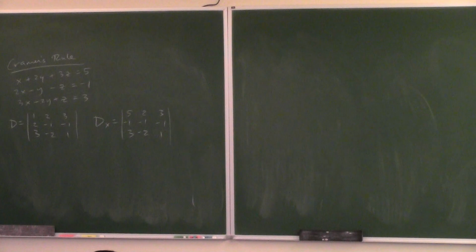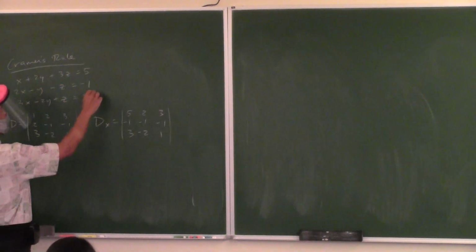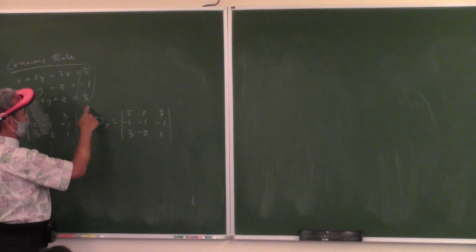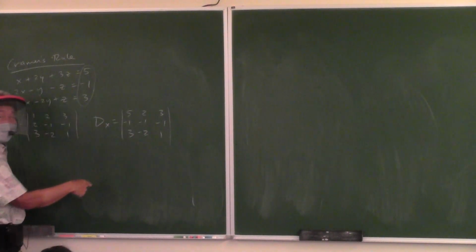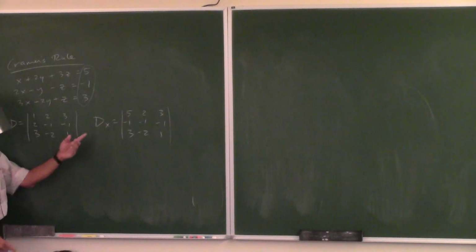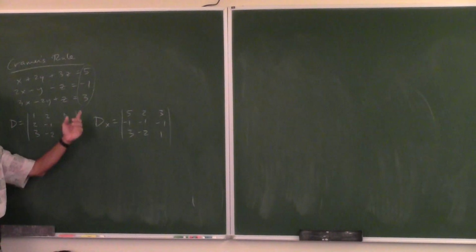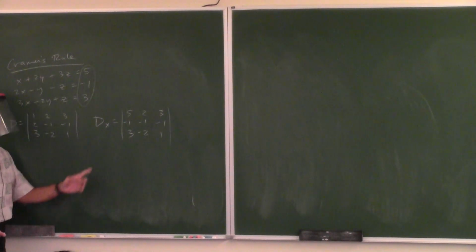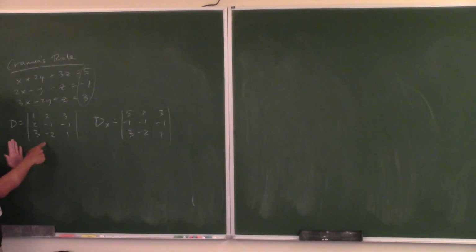I took the constants, you see these constants right here, and I put them here. Think of this as the x column, the y column, and the z column. So D sub x means take the constants and put them in the x column. Everything else stays the same as the original.